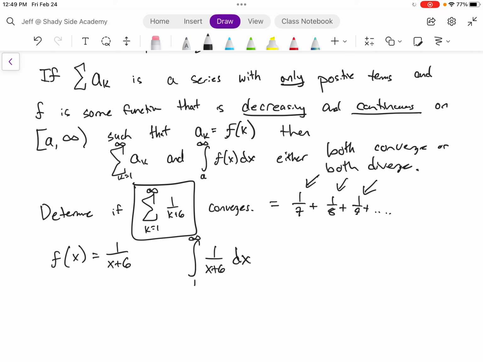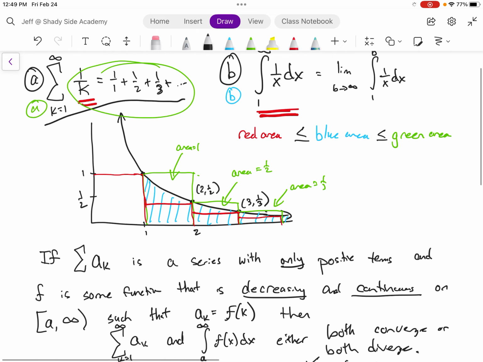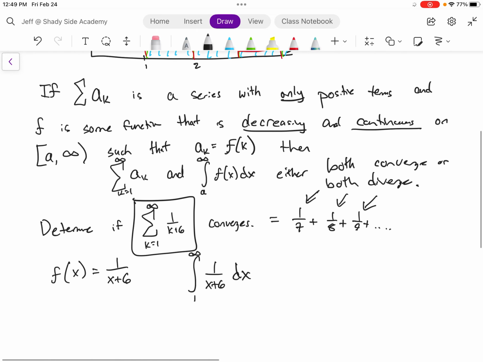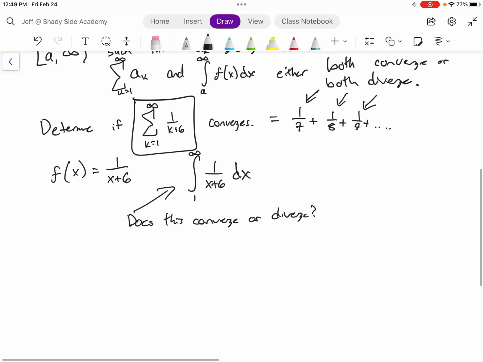And this is sort of discretely taking a Riemann sum, 1 over k plus 6 times a width of 1. But we see that they're going to match every single value, just like our picture up there. So I'm going to be left with these two things. All I need to do is ignore this series and ask, does this converge or diverge? That's the new goal. We don't know so much how to deal with this, but we know how to take this.